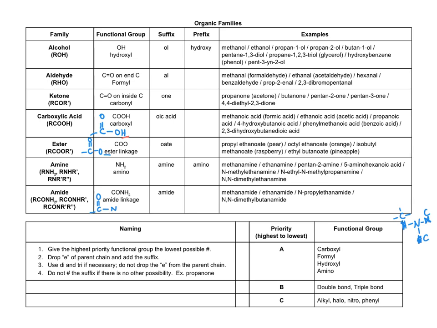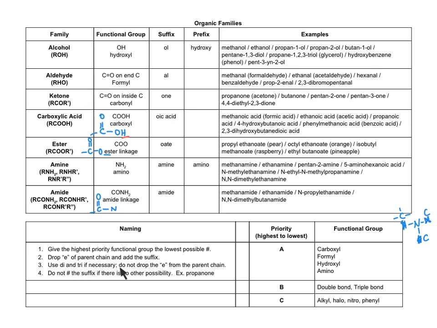We're going to drop the E of the parent name, right, whatever it is, and add the suffix. If necessary, we'll use di or tri, and I'll just draw your attention to this up here in the alcohol examples, pentane-1,3-diol. Notice we didn't drop the E here, right? We did not drop the E, and that's what I'm saying here. Use di and tri if necessary.